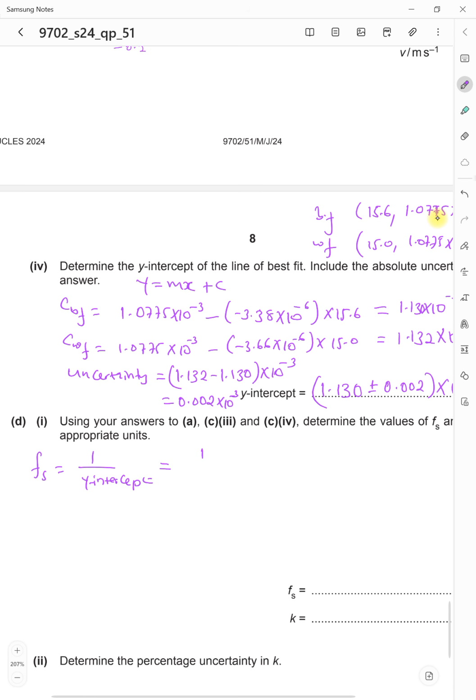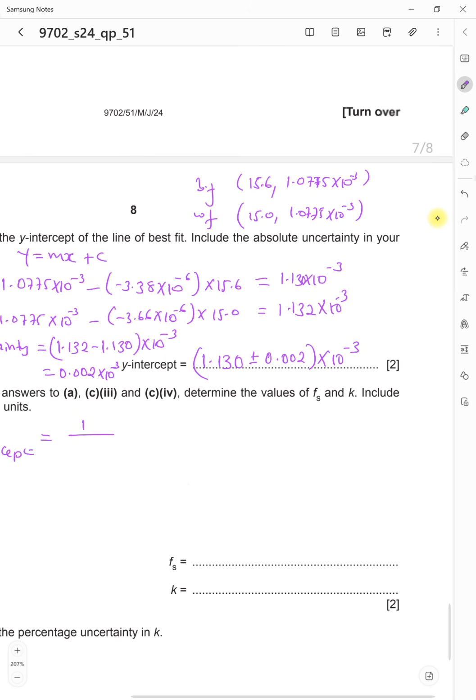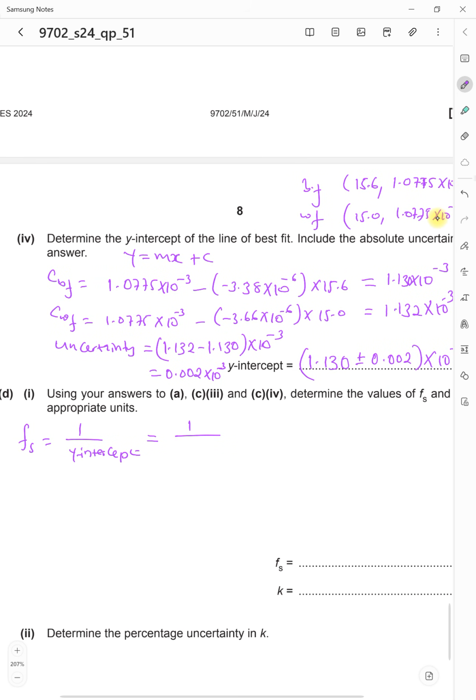So this is going to be 1 divided by the y-intercept, which is 1.130 times 10 to the power of minus 3.